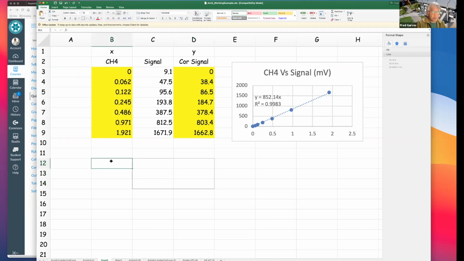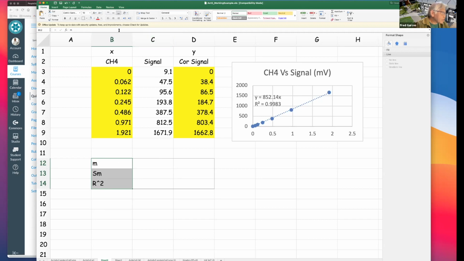And then I'm going to label this M. I'm going to label this S sub M. And I'm going to label this R squared. Because these values over here are going to be the slope, the standard deviation of the slope, and the correlation factor.